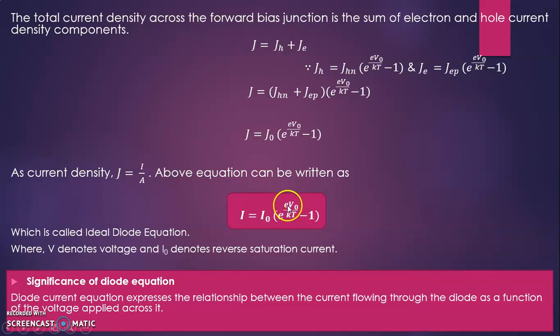V0 is the potential applied in forward bias, K is the Boltzmann constant, and T is the temperature at that time, which is measured in Kelvin. Okay, so this is about the ideal diode equation.